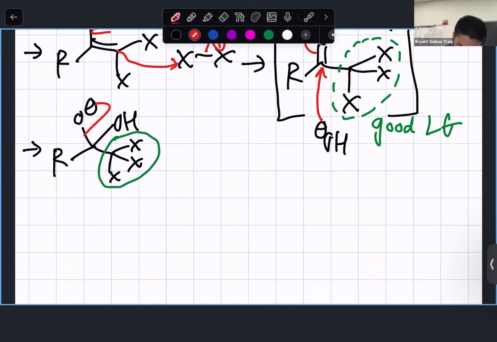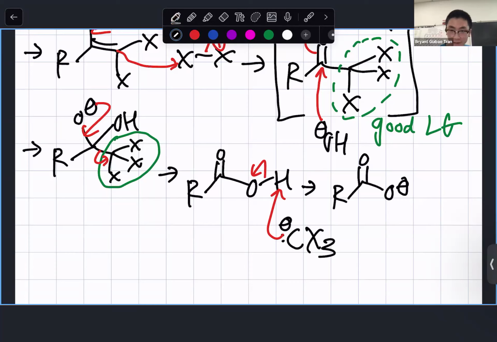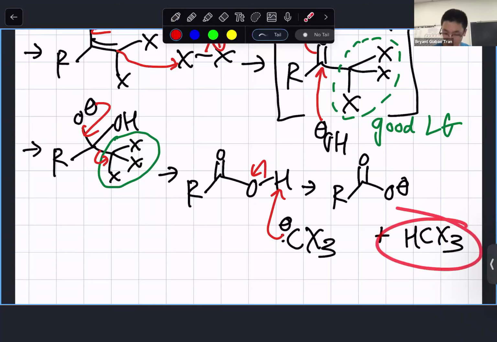We're going to reform the carbonyl and then kick out that CX3 leaving group, which gives us this carboxylic acid here, right? But when the CX3 leaves, it leaves with a negative charge, which is a base. The very last step here is that that base is going to deprotonate this acidic carboxylic acid to give us our final answer, the carboxylate ion here, plus the CX3 that's protonated and neutral here, right?